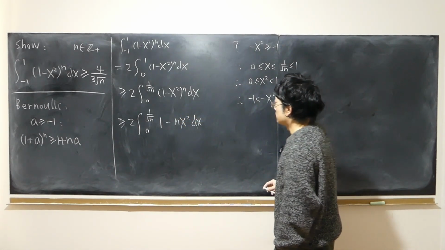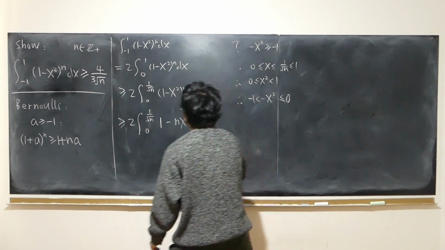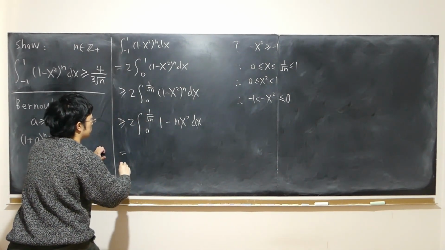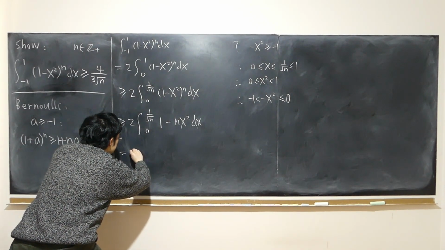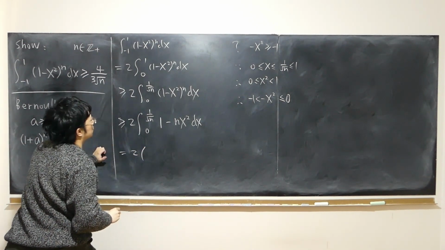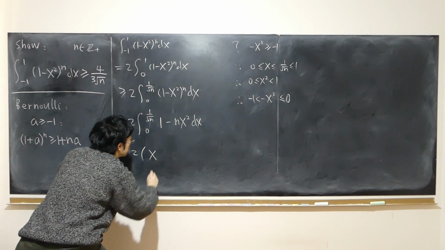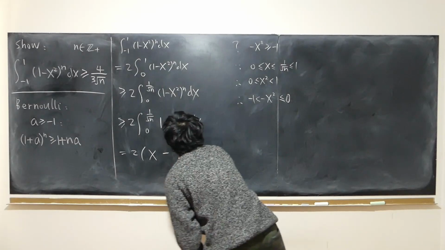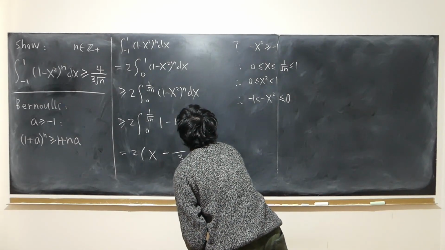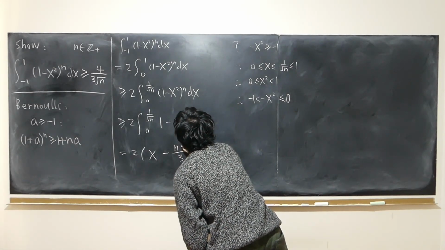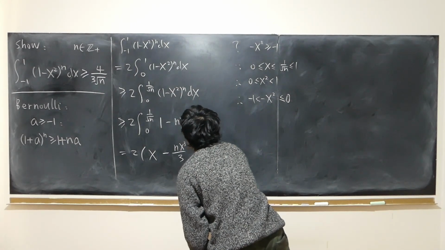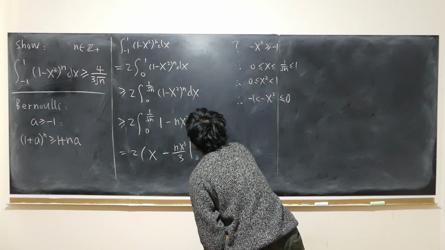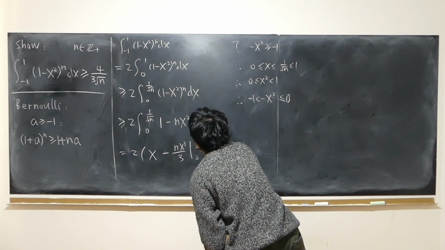So it's easy for us to find the antiderivative. That is twice of, what do we have here? We have x minus a third of n times x to the power of 3, and we evaluate it from 0 to 1 over square root of n.